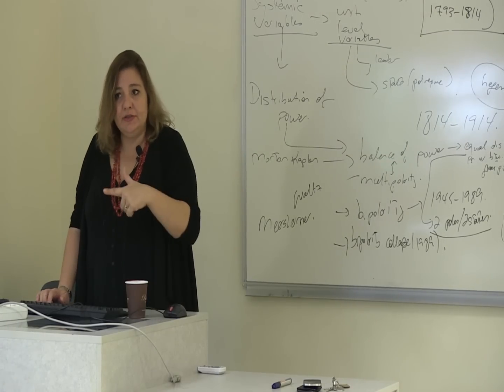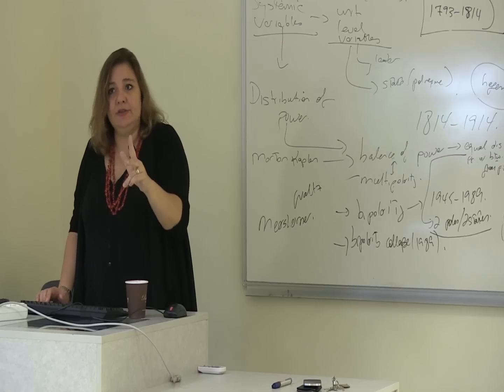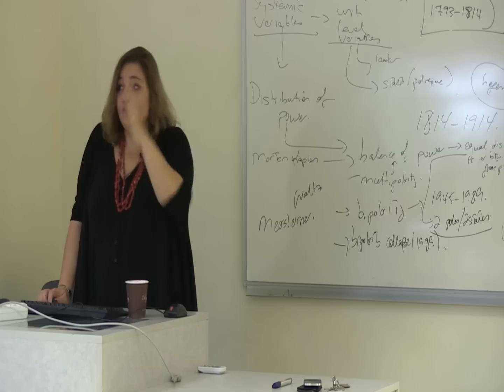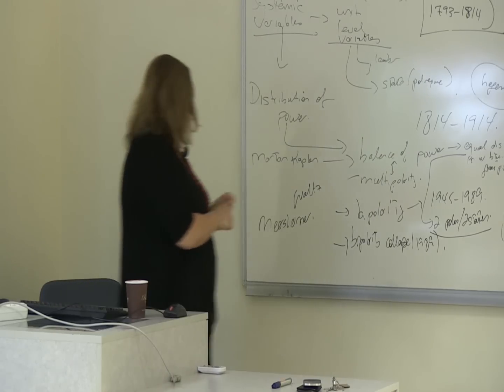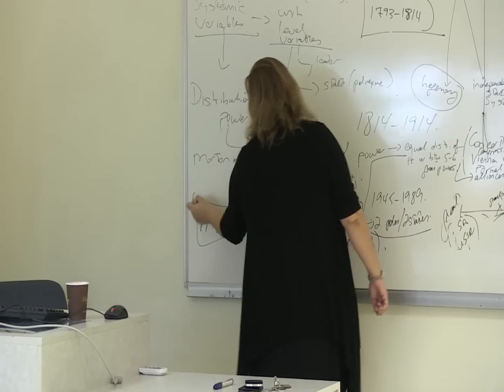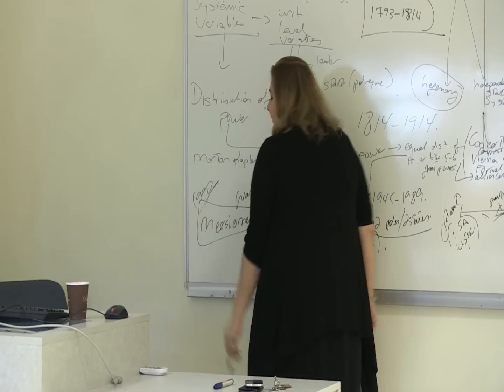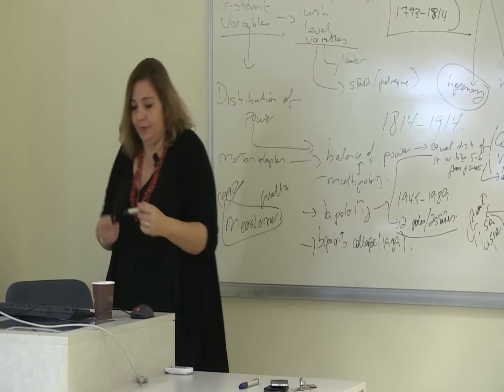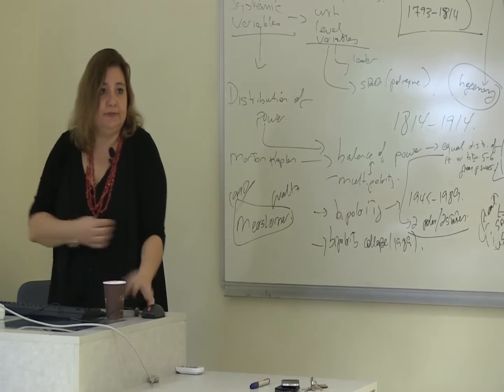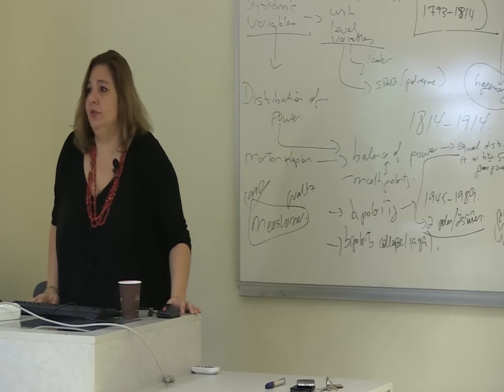So structural transformation creates uncertainty. Therefore, it's no coincidence that Mearsheimer, in 1990, when he looks at whatever is happening in Europe, writes a new article called "Back to the Future."